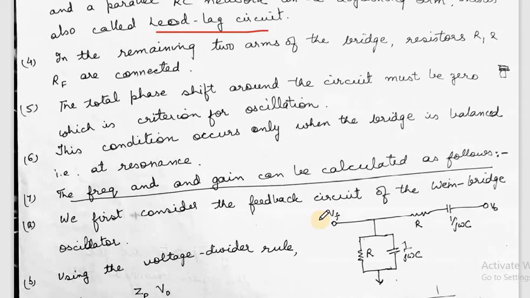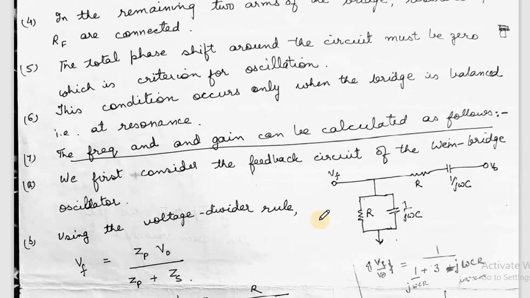First of all, we'll take only the feedback part of the Wien bridge oscillator, and we'll replace all the capacitances by their reactances, as we had done in the phase shift oscillator. So this is the lead lag circuit, and C has been replaced by its reactance.